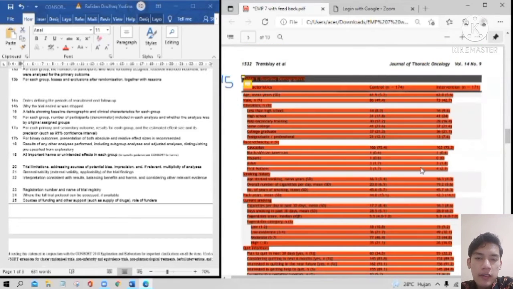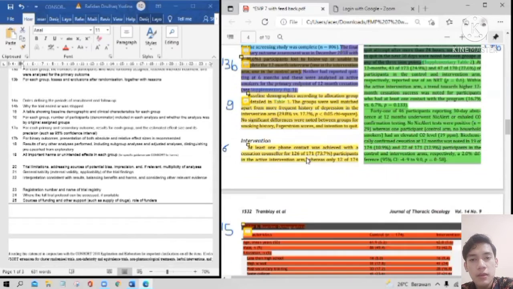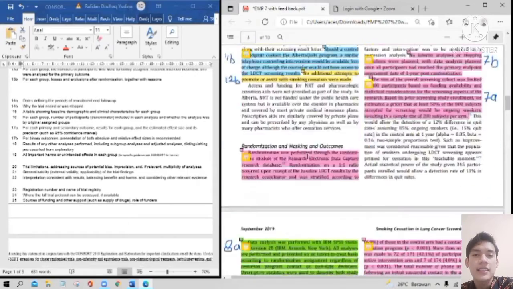Number 15 is very easy because you can clearly see the table is big. It is very big, so I think it's the easiest checklist.